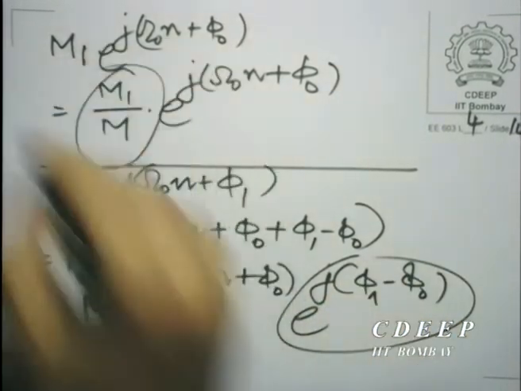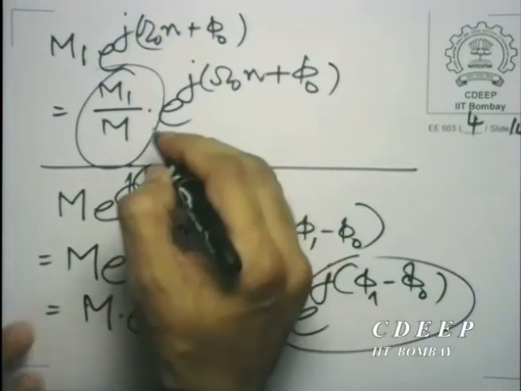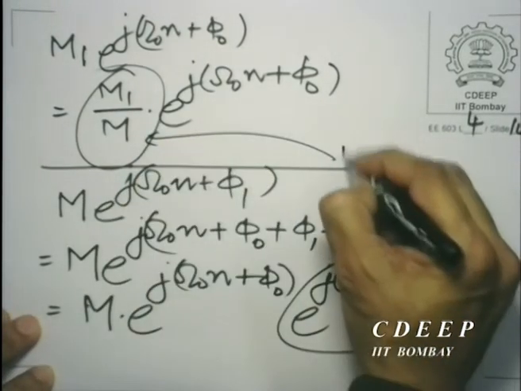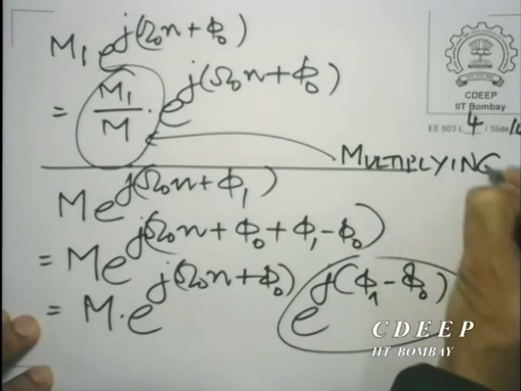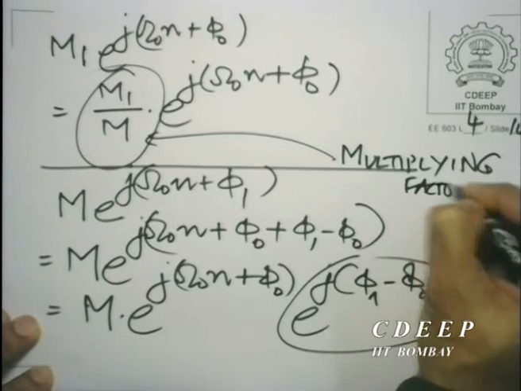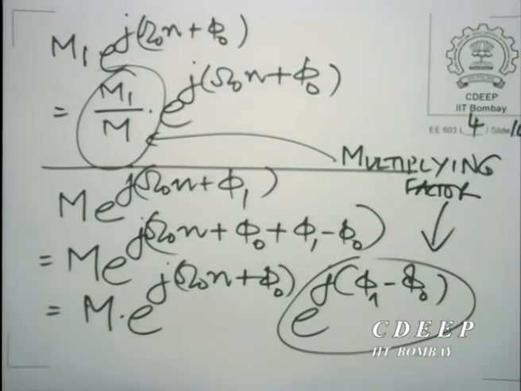So, in either case you have a multiplying factor here. Whether you take a change of amplitude or a change of phase, it amounts to multiplying the original rotating complex number by a constant, albeit complex. This is a significant observation.